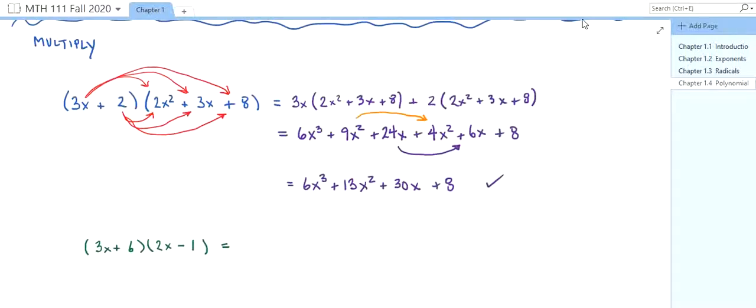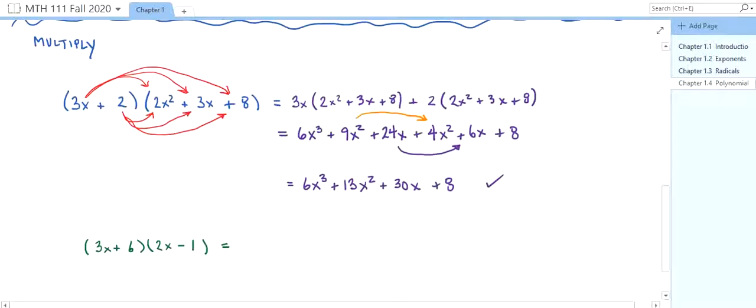Often we're called on in science to multiply two linear equations together. These are each first degree, because x is raised to the 1 power. But when we multiply these together, you're going to see we get a second degree equation.